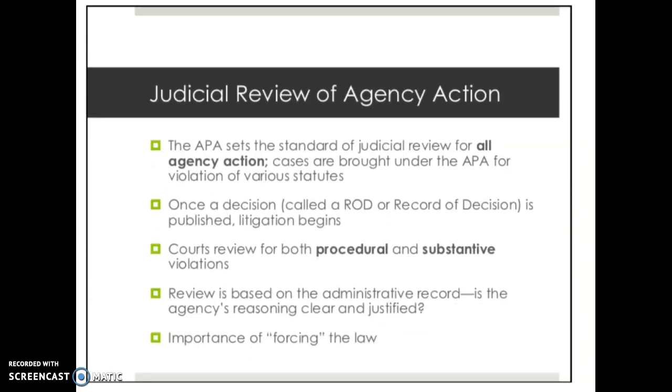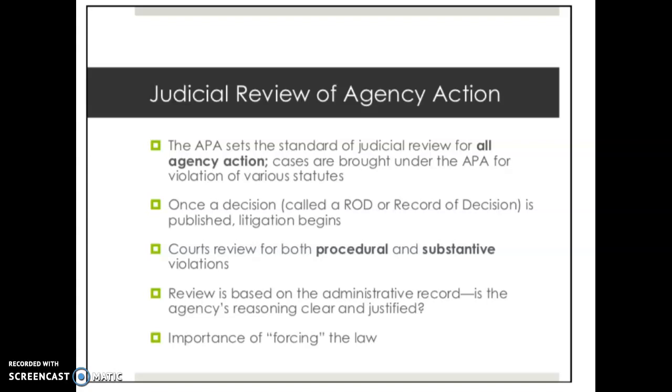So first, let's talk about the judicial review of agency action. The Administrative Procedure Act sets a standard of judicial review for all agency action. So cases are brought under the APA for violation of various statutes. They're using the APA as a reason for bringing about the judicial review.